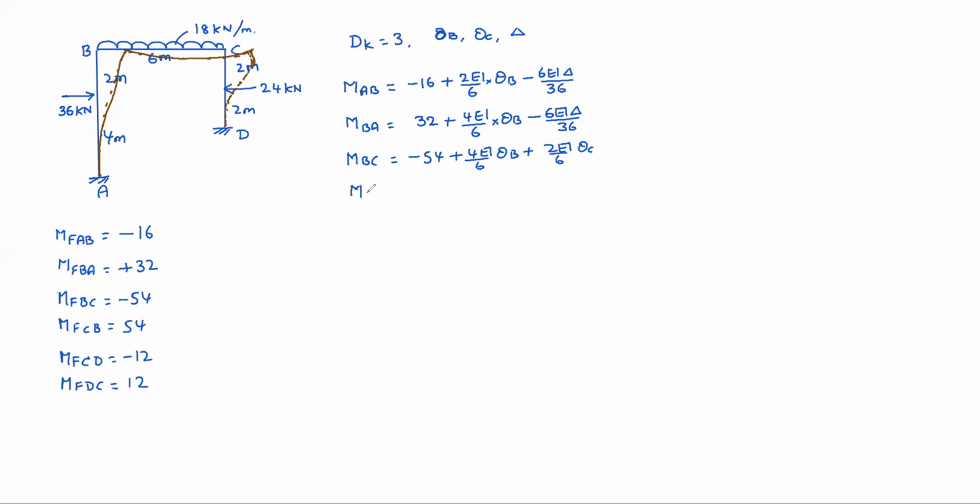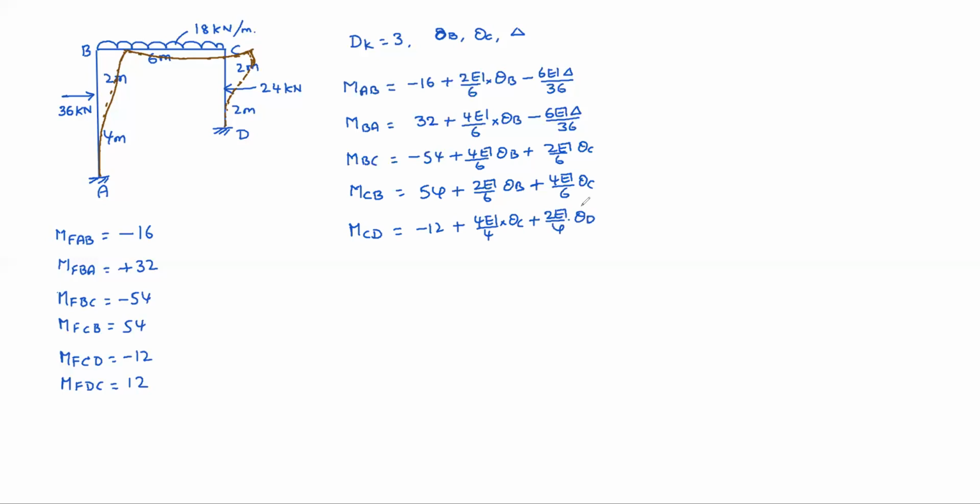MCB is 54 plus 2EI by L into theta B plus 4EI by L into theta C. Then MCD is minus 12 plus 4EI by L into theta C plus 2EI by L into theta D.